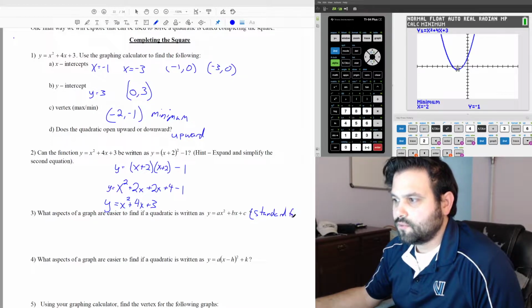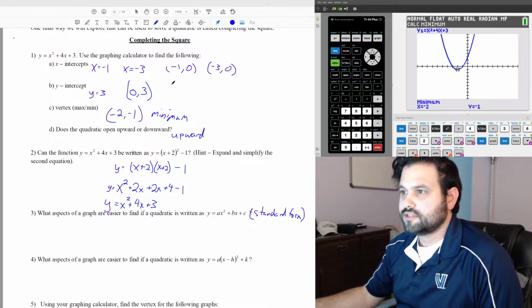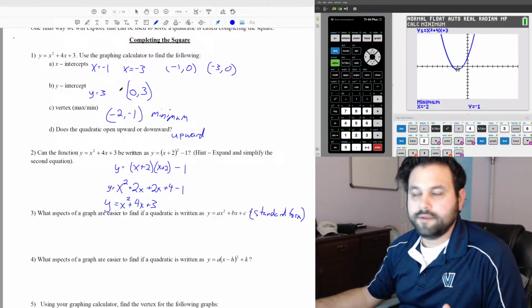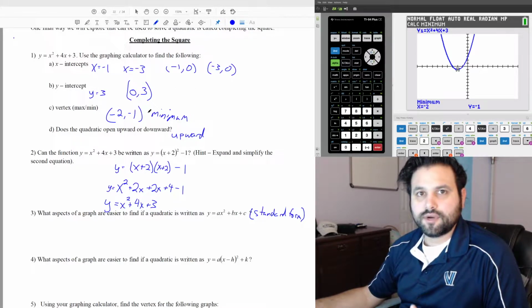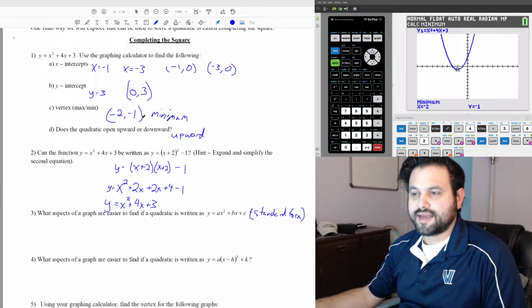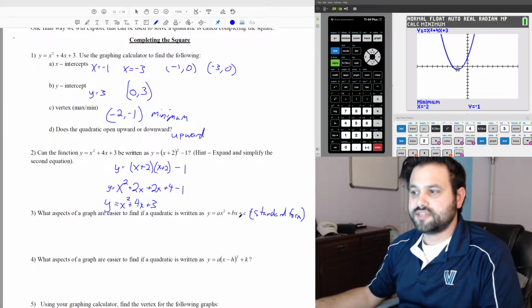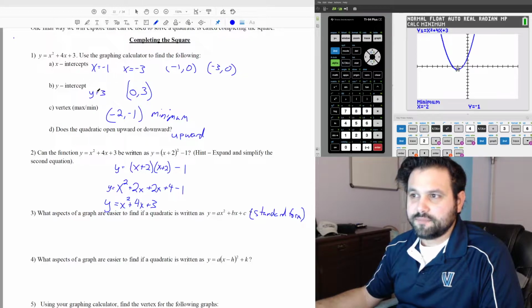So what do you guys think? What do we see easier from this form? So if I'm looking up at question 1, what of these things that I found in question 1 can I easily identify from the standard form? That's going to be the y-intercept, right?